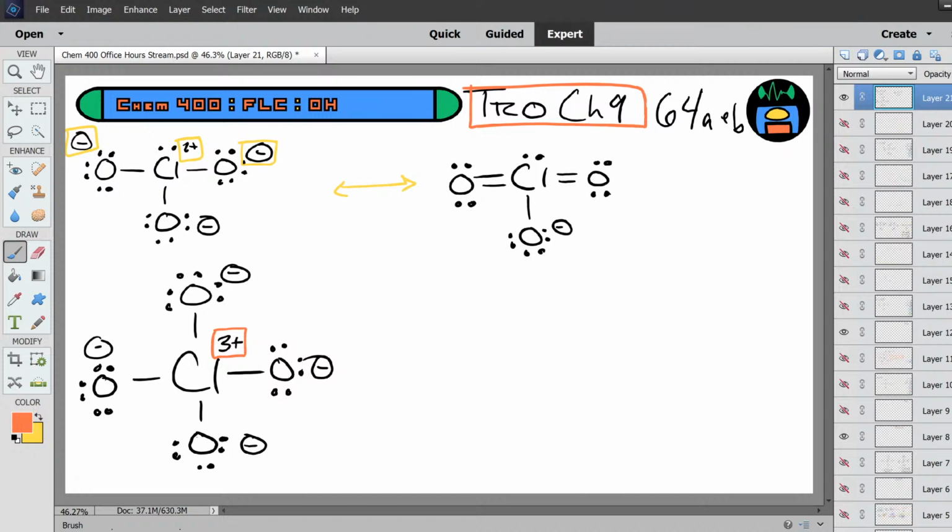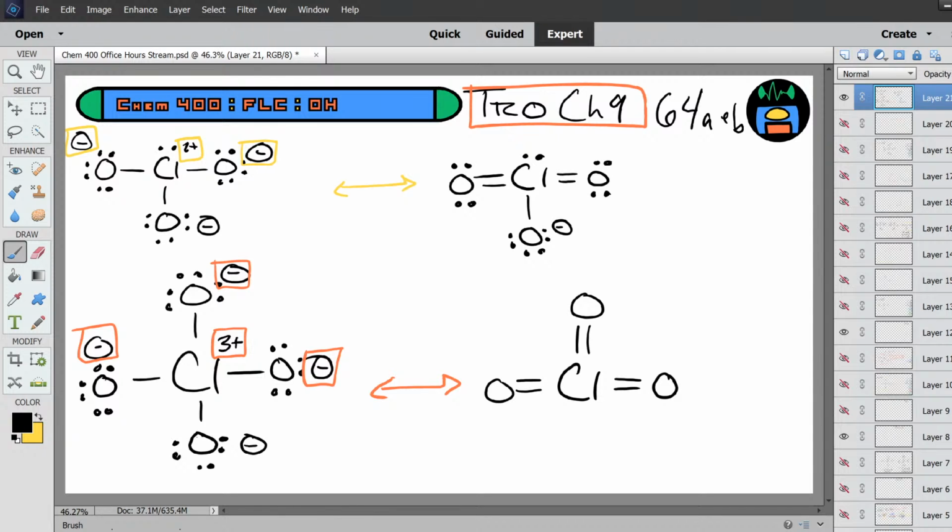You could draw these resonance structures out step by step, or if you can recognize that +3 is going to eat 3 of the negatives, you can just jump straight to your final answer, which is 3 double bonds to your central chlorine, with the 1 that still bears the negative charge.